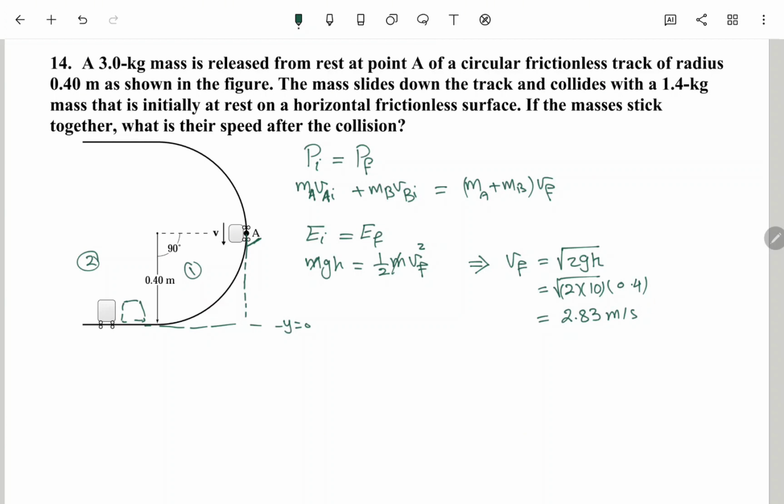Back to this equation right here, the second object is initially at rest, so this will be 0.